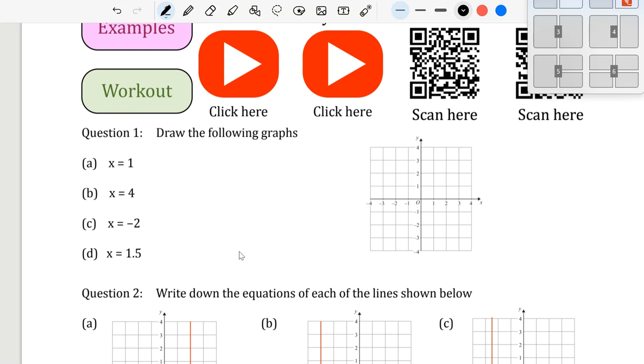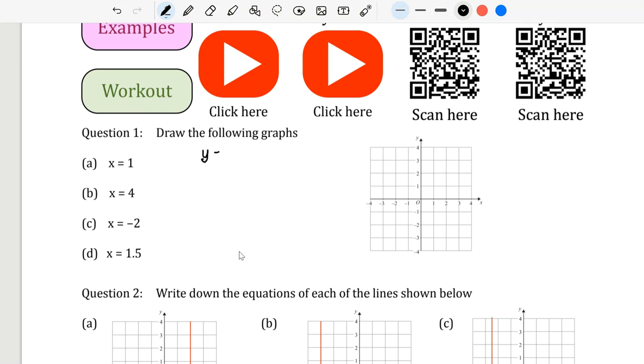There's no y. It's not of the form y equals mx plus c. It just equals 1.